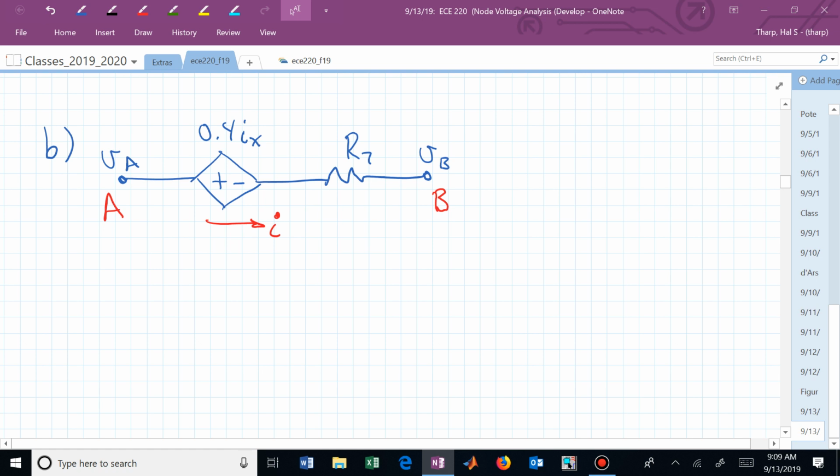Here is what's happening between nodes A and B and influencing I. How would you find I in this situation?